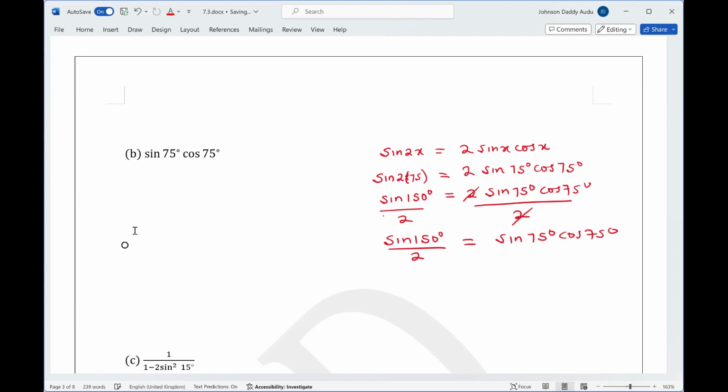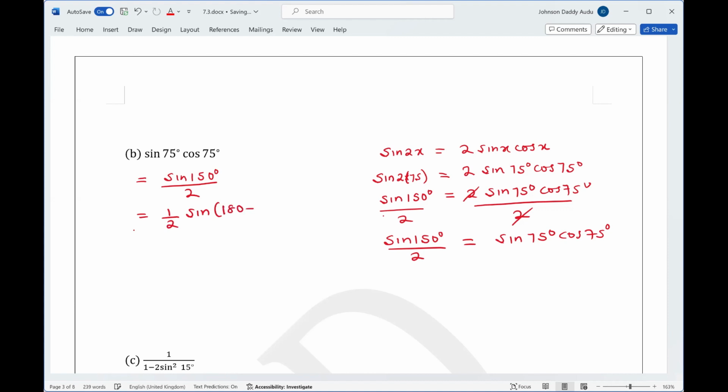So you agree now that this guy, sine 75 cosine 75, this is degree, not 50. Should be small 0. So this is just going to be sine 150 divided by 2, which is the same thing as a half. Sine 150 is in which quadrant?